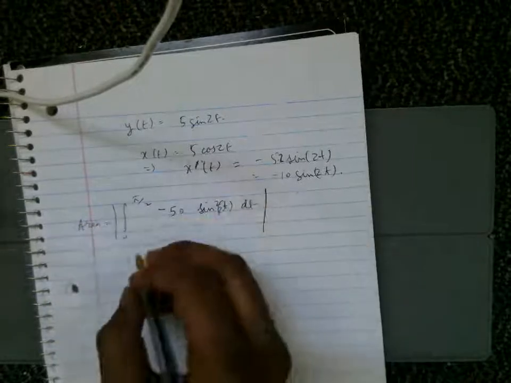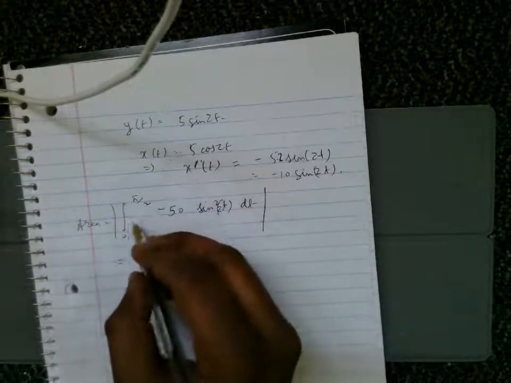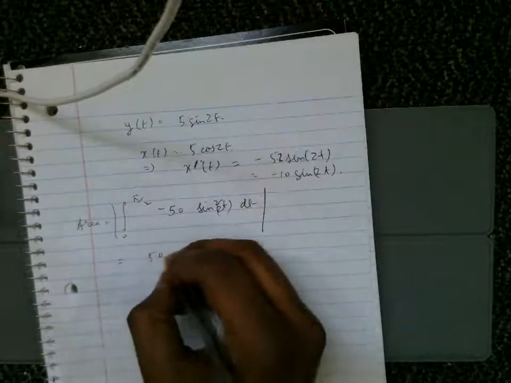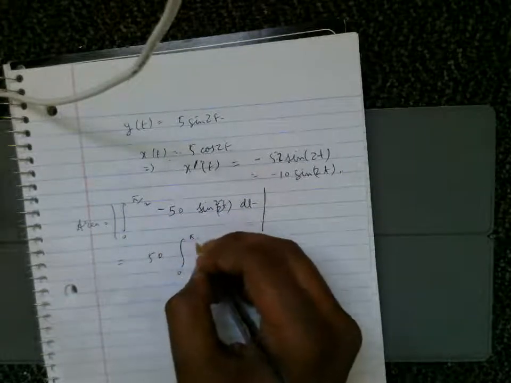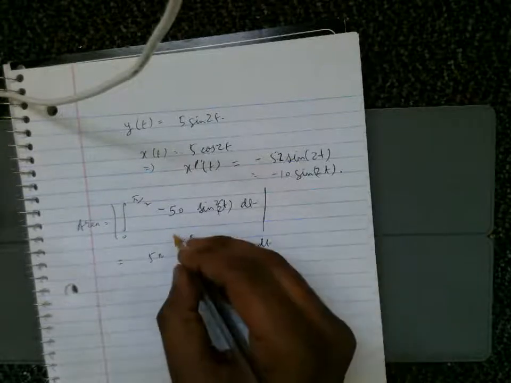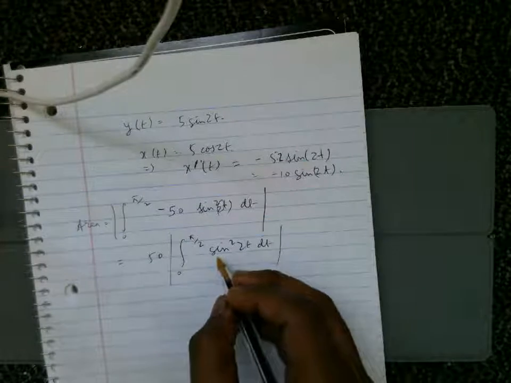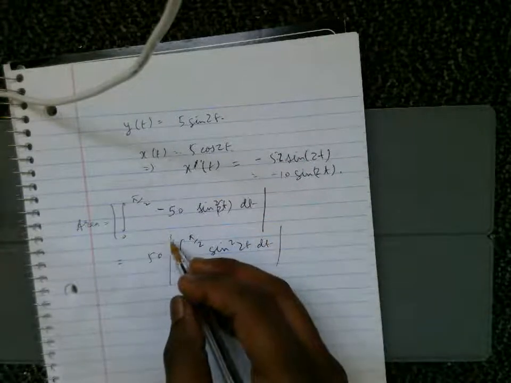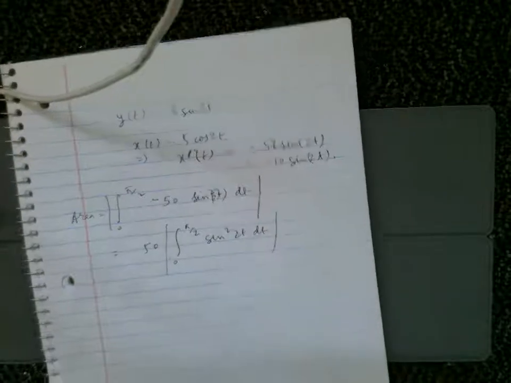And now we need to integrate this. You can bring this minus 50 outside, and after applying modulus to it you will have 50 integration 0 to pi by 2 sine square 2t dt. And now this integration will be positive because sine square is always positive, so you can lose the modulus if you want.